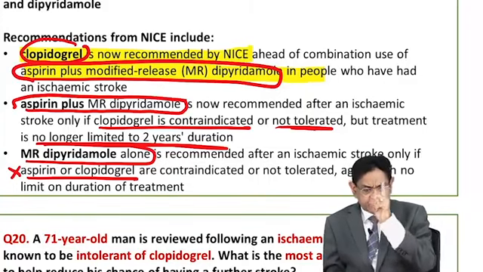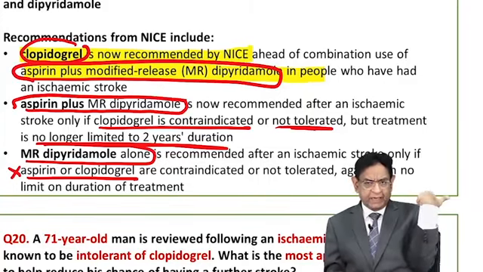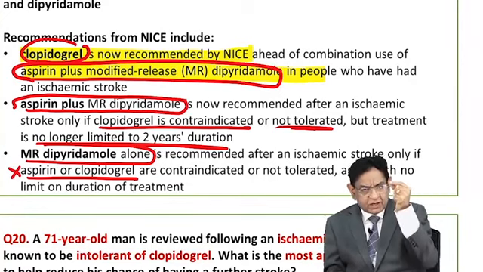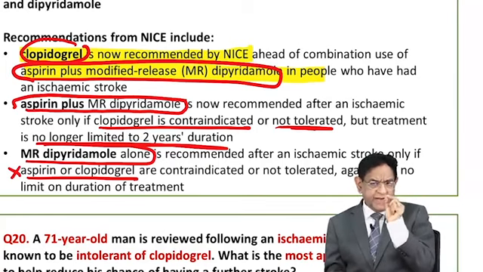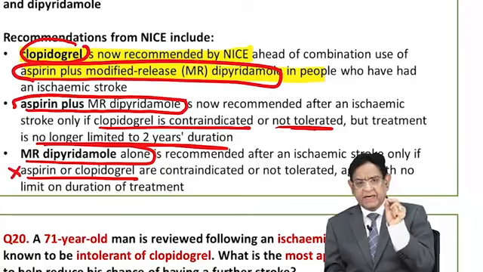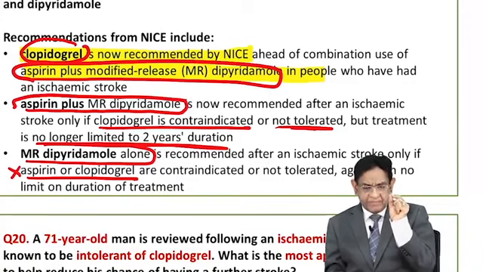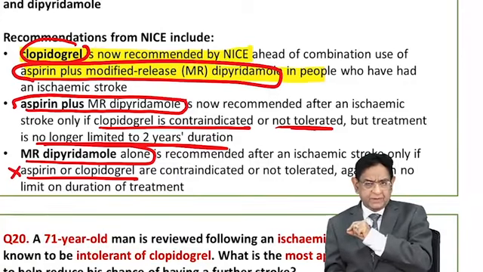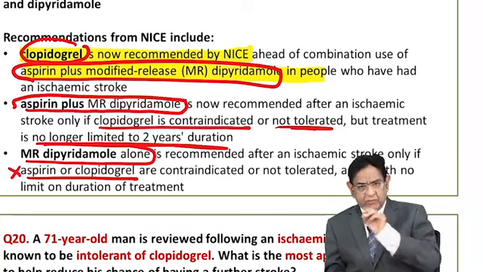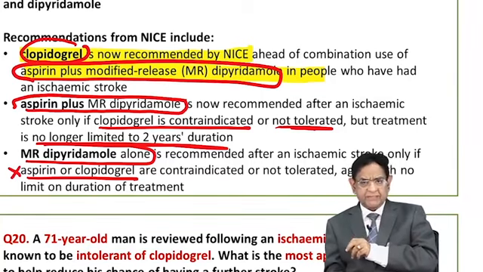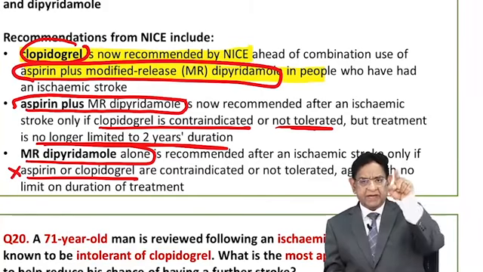For prevention, what is the first drug you will give? Clopidogrel. If that is contraindicated, whatever reason it may be, then you give a combination of aspirin and dipyridamole. Third, if you cannot give clopidogrel or maybe cannot give aspirin, then you give dipyridamole. This is secondary prevention.